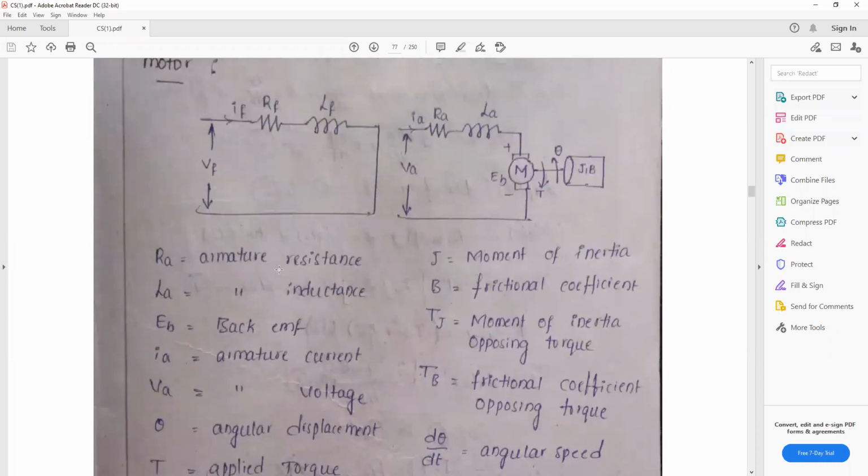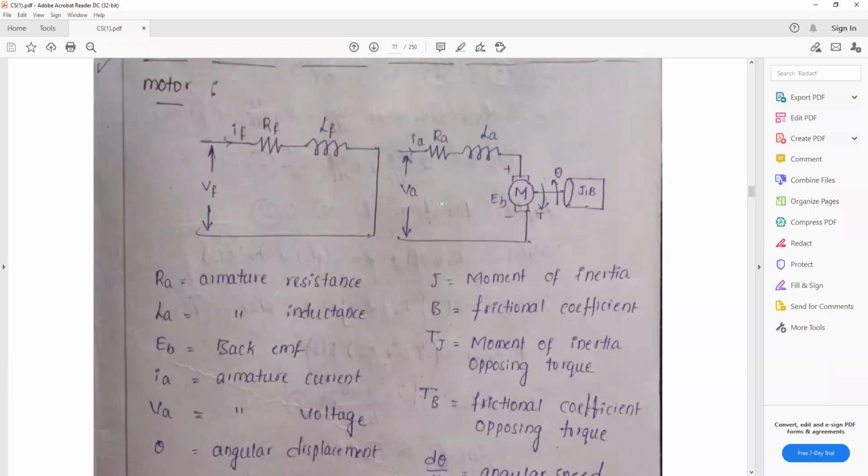So first, apply KVL at the armature loop, to determine the armature controlled DC motor. VA is equal to RA into IA plus LA into dIA by dt plus back EMF.